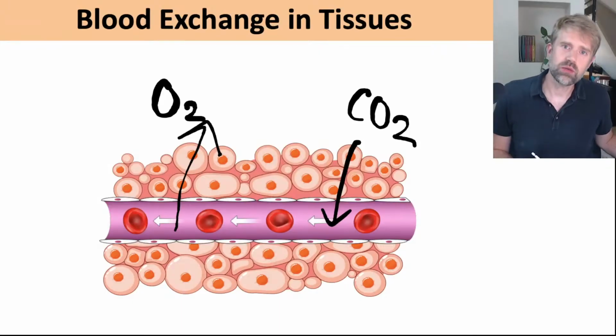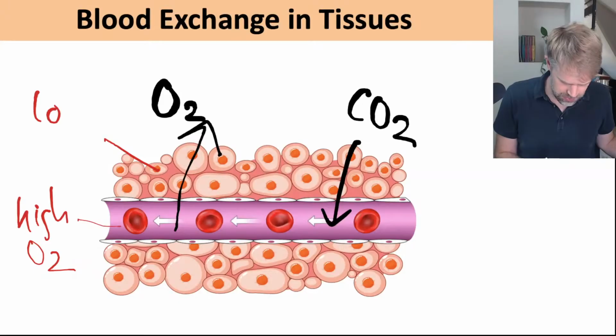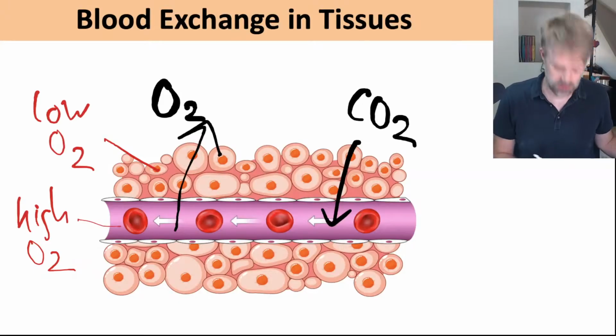And so, what can we say about the concentrations of oxygen and carbon dioxide in the blood and in the tissues? Well, if oxygen is coming out of the blood and it's going into the tissues, we must have a high oxygen concentration in the blood. We must have a low oxygen concentration in the tissues. So that's why it is moving, diffusing from high to low.